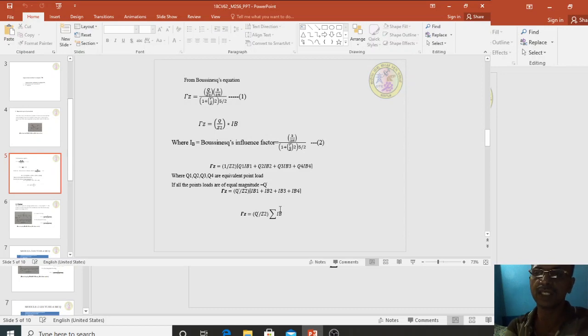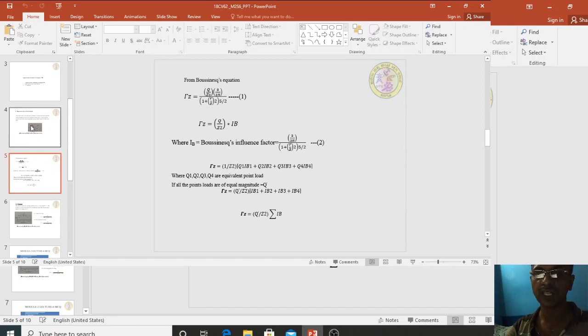Next, sigma z is equal to, you take out Q. Inside, z, at which we are calculating stress, will remain constant, so take out 1 over z square outside. Then this equation will be Q1 IB1, because IB is a variable parameter, as R is variable: R1, R2, R3, R4. R by Z is also variable, and when R by Z is variable, obviously your IB value is also variable.